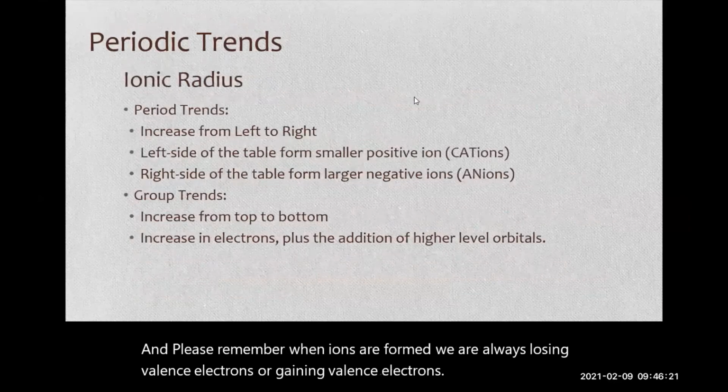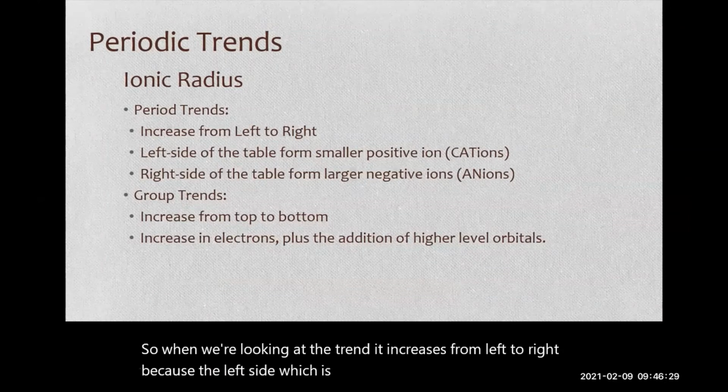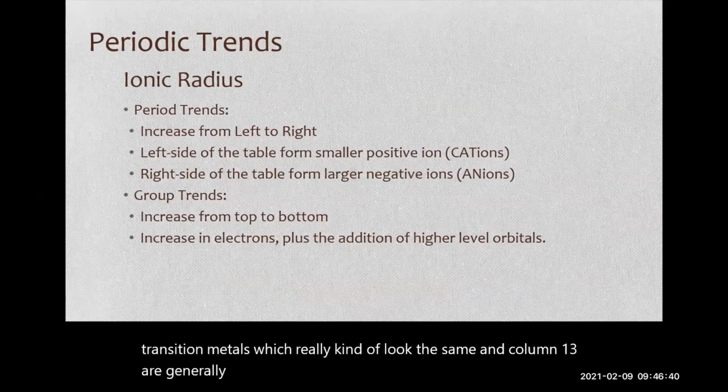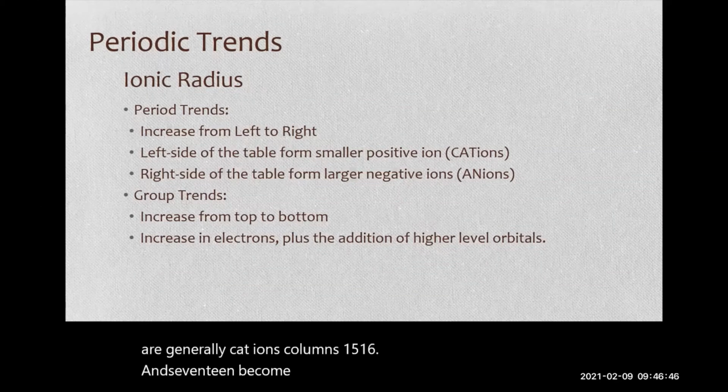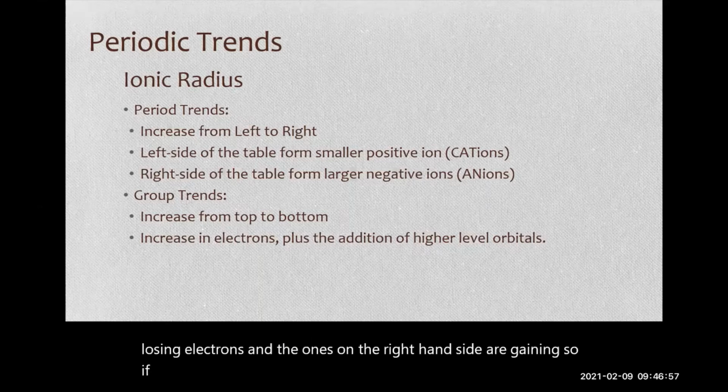So when we're looking at the trend, it increases from left to right because the left side, which is your column 1, column 2, your transition metals, which really kind of look the same, and column 13 are generally cations. Columns 15, 16, and 17 become anions. So the ones on the left-hand side are losing electrons, and the ones on the right-hand side are gaining. So if you're losing, you're getting smaller. If you're gaining, you're getting larger.